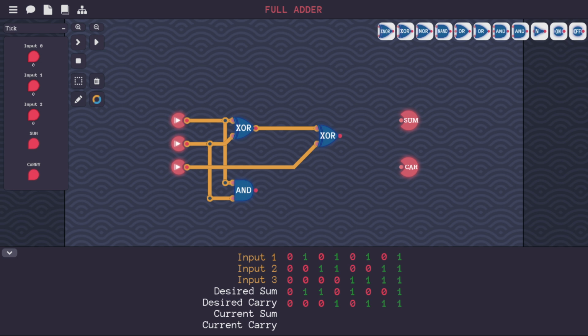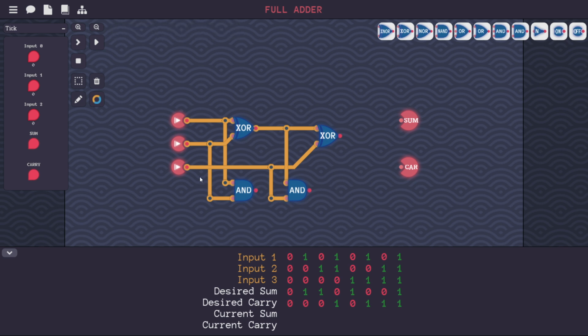And also again, from them we can derive a carry. The carry is derived using another AND gate, which is between the first one and the second one.